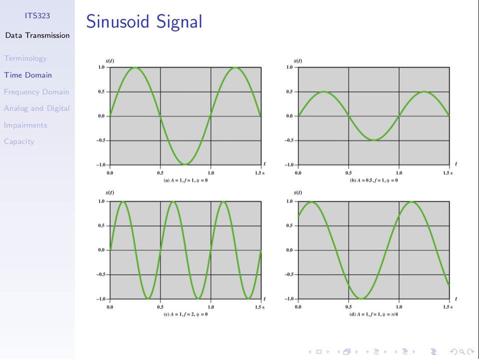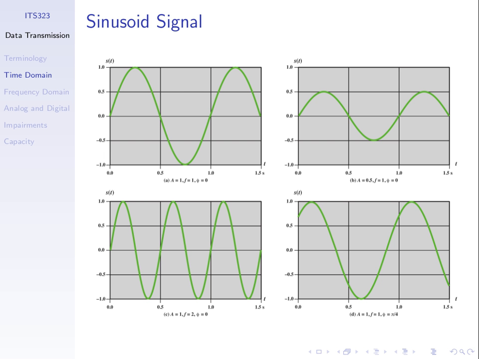So we have the peak amplitude, which is the height of the signal when we look at a plot. We have the frequency, which is the number of times that it repeats within 1 second. The inverse, the period, is the duration of 1 cycle or 1 repetition. And then we have, in our case, the phase. In this case, it is 0 radians.